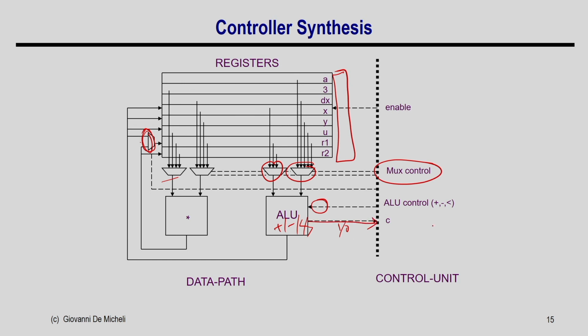So, based on this value the controller state transition will happen. Okay. So, if C it will come here, say not C it will come here, right, something like this. So, basically once this data path is finalized, it is a very trivial task to identify the number of signals needed and what the value of those signals is at each time step.